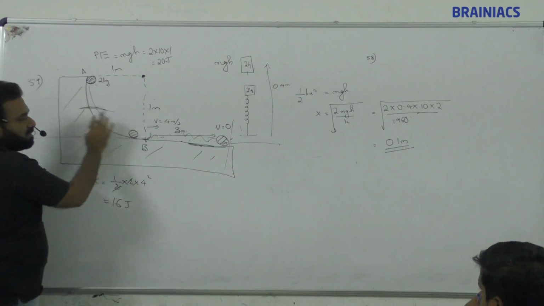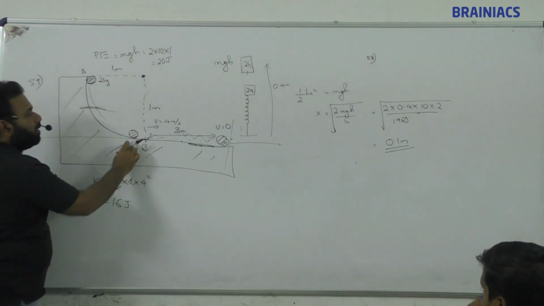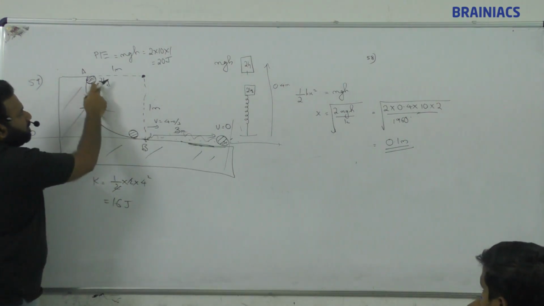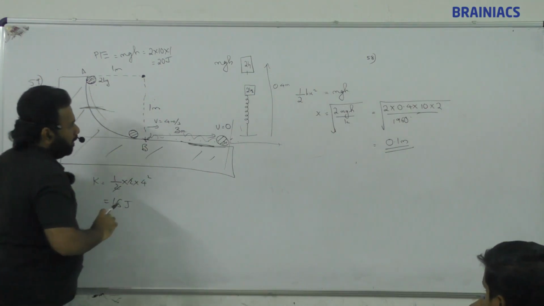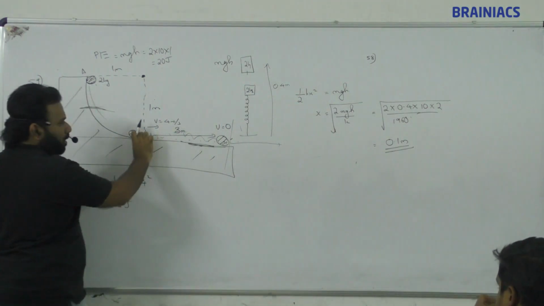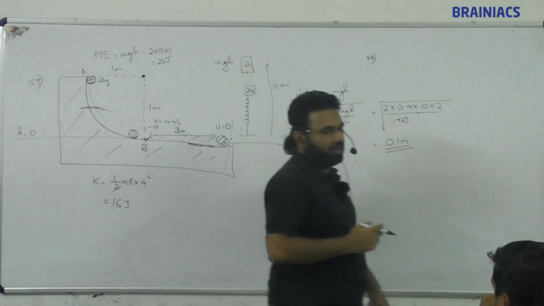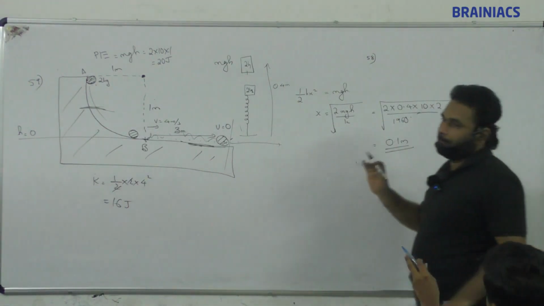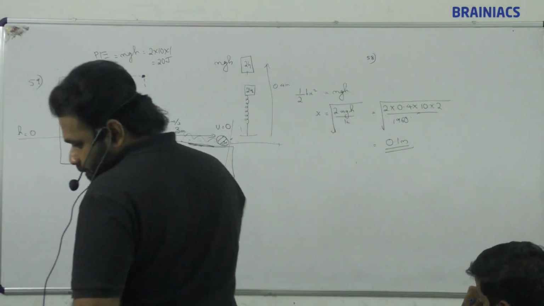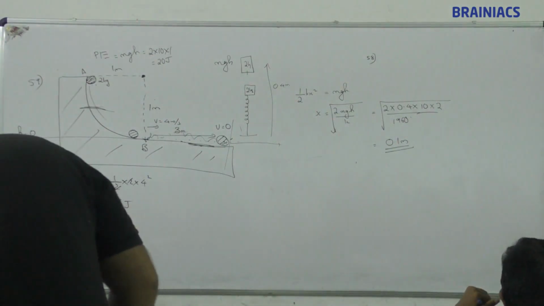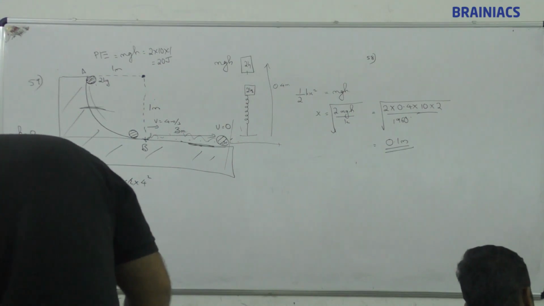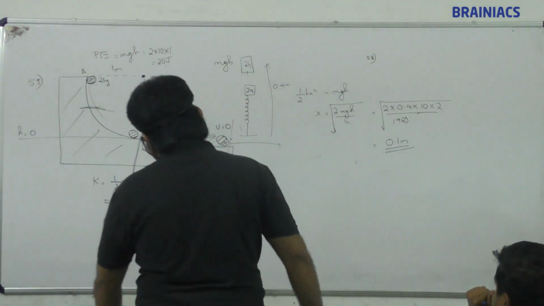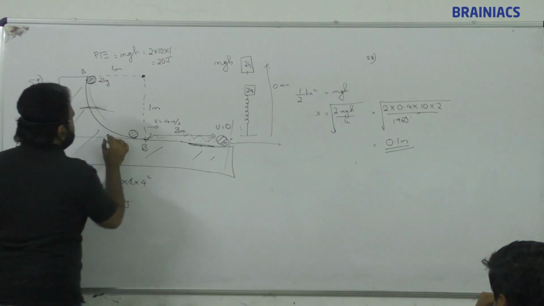So if this and this are not equal, never try to equate them. Always give the preference to this. If there is at least a small height difference, definitely the full kinetic energy will not be equal to the full potential energy. So what I wrote is valid, because mgh is not completely 0, but you should know this height.